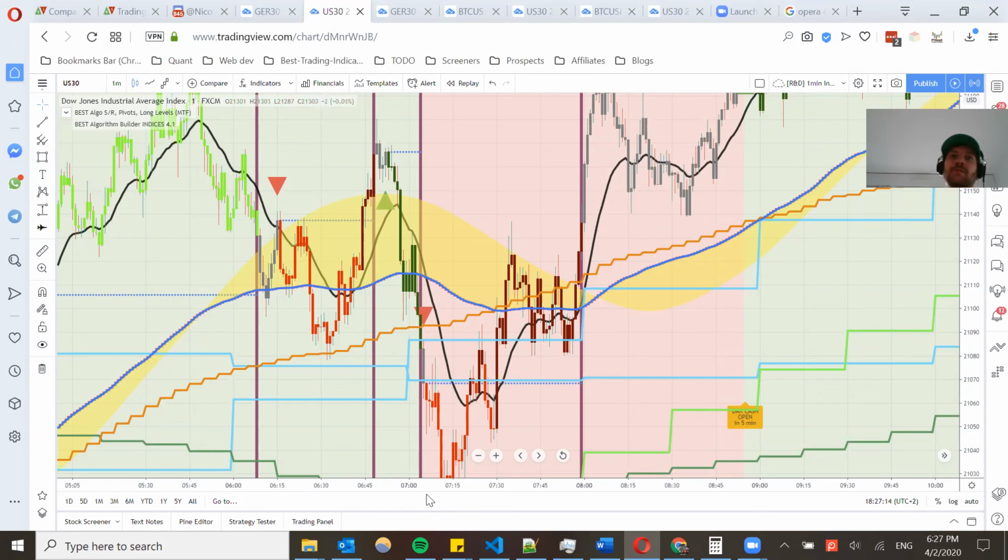But why this concept of goal is important: let's say it's 9 a.m. or 10 a.m. and my goal is to make 200 pips. If by 8 a.m. or 9 a.m. I made my 200 pips goal, then done.